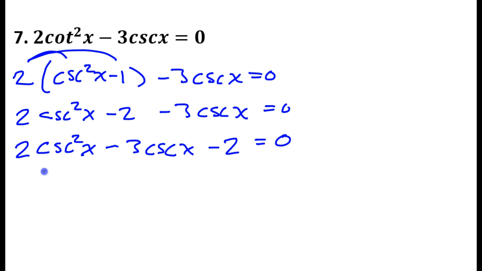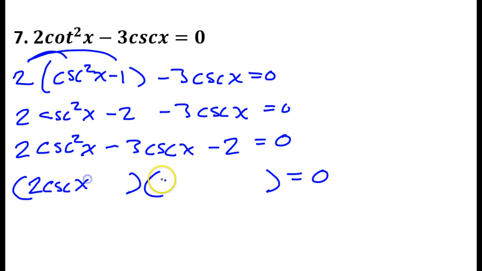Now, this is probably factorable. So let's give that a try. So 2 cosecant squared, that could be factored as 2 cosecant times cosecant. Now 2 can be factored as 2 times 1 or 1 times 2.